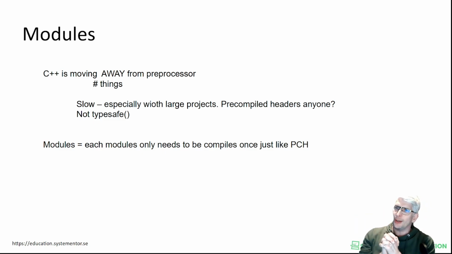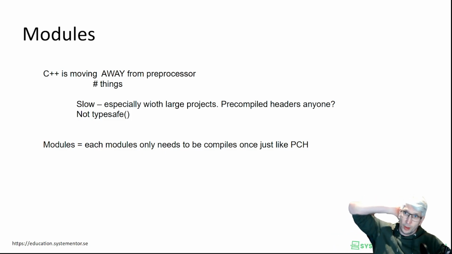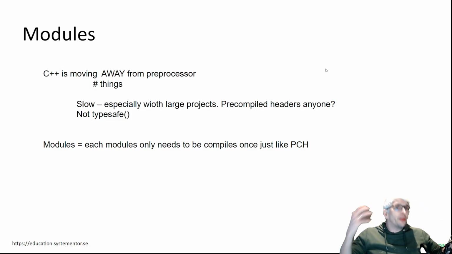Not only is the preprocessor error prone, compiling also gets really slow, especially with large projects. Maybe you have used precompiled headers to speed up the compilation process. And it's not type safe. What's type safe? The compiler.